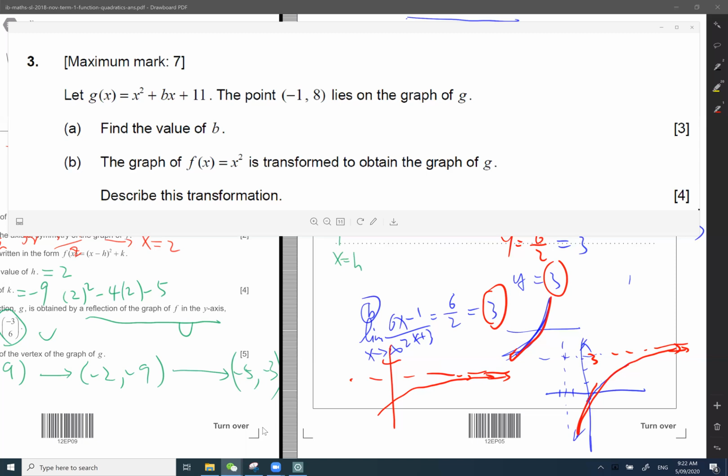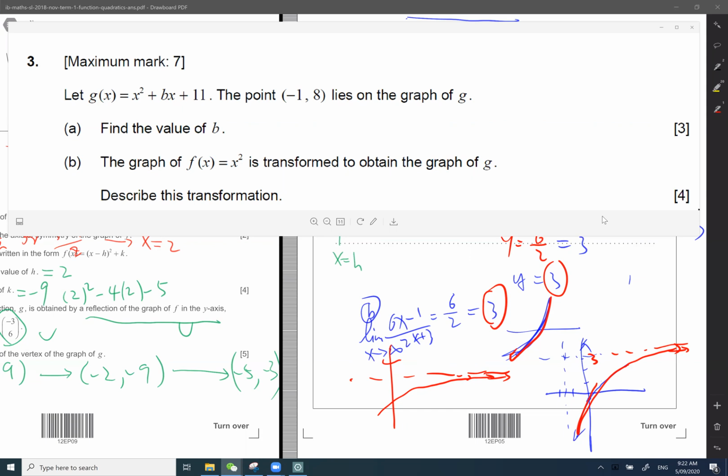Value of B, just substitution. Is that just 4? B just 4, good.